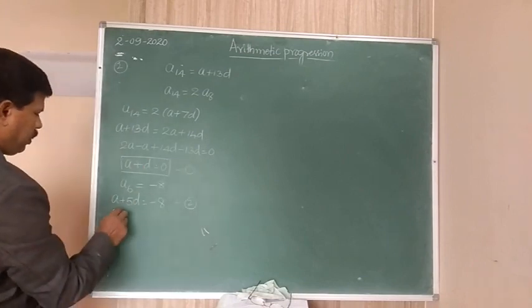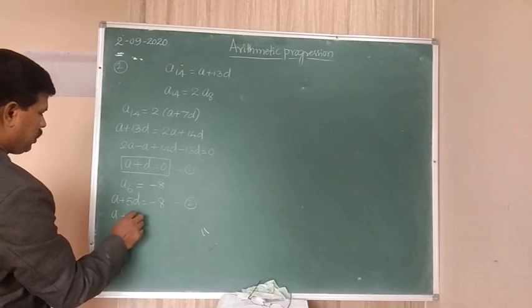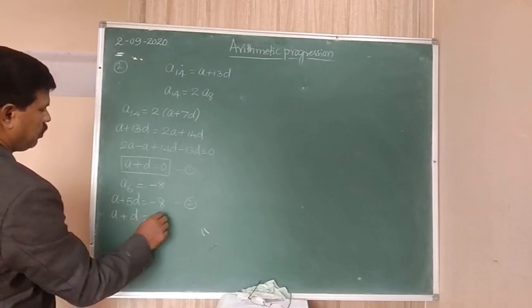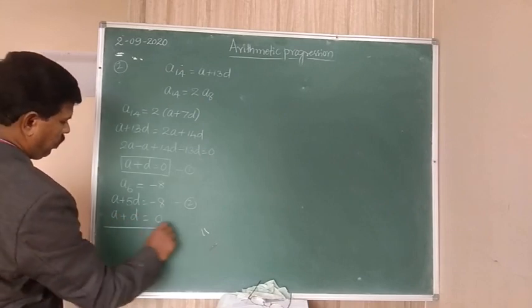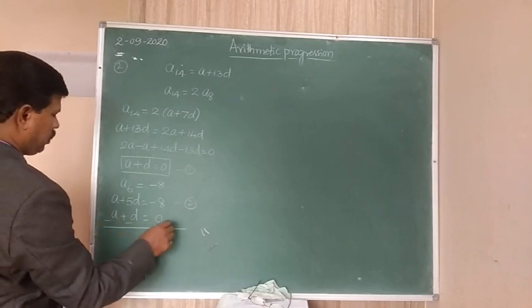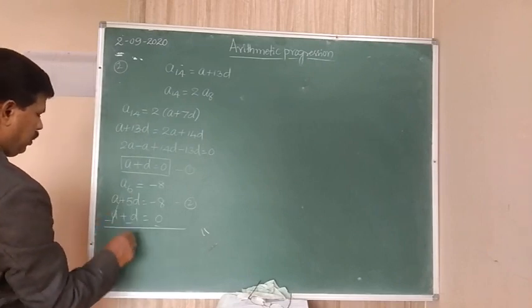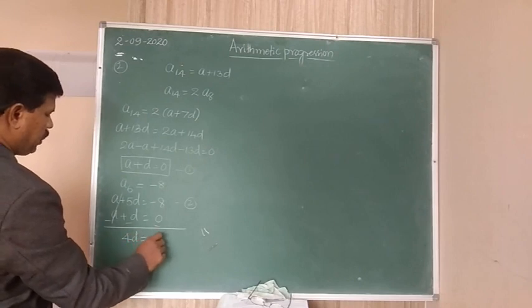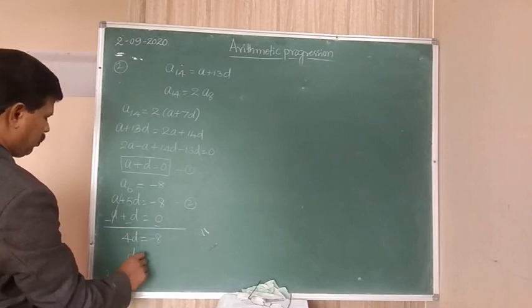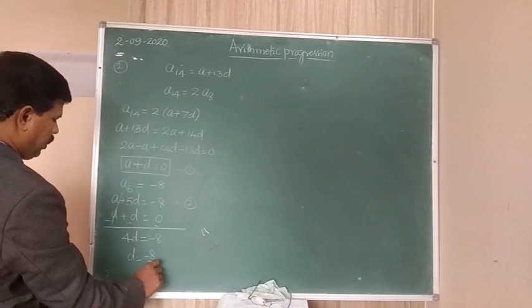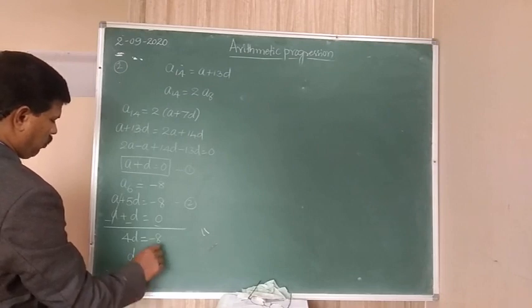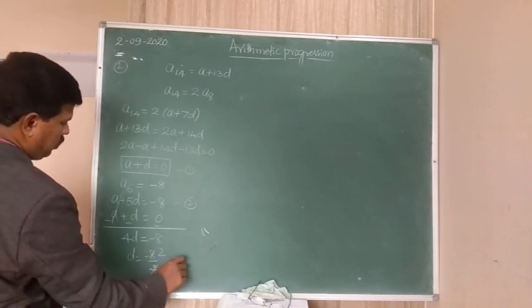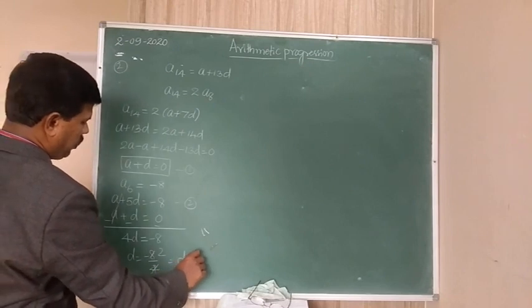Now put this one down. A plus D is equal to 0. Now subtraction, it cancels. Then this is 4D is equal to minus 8 and D is equal to minus 8 by 4. 4 twos are 8. So D value is equal to minus 2.